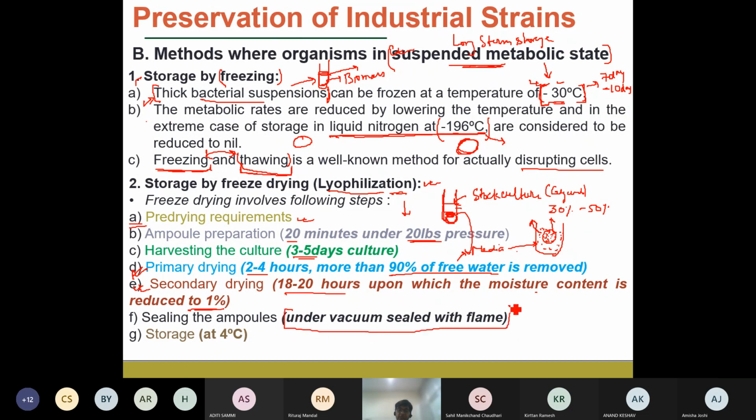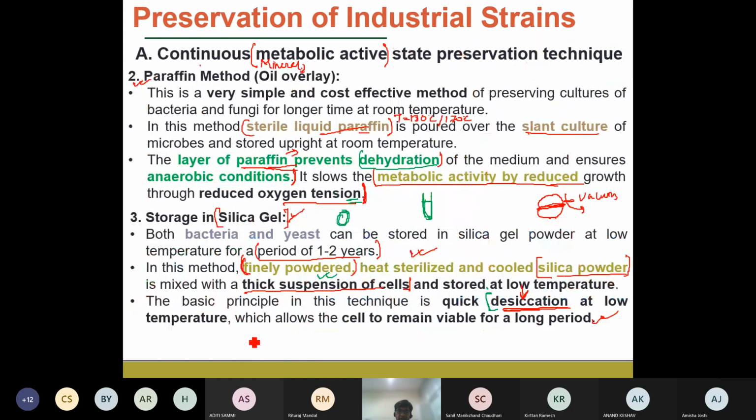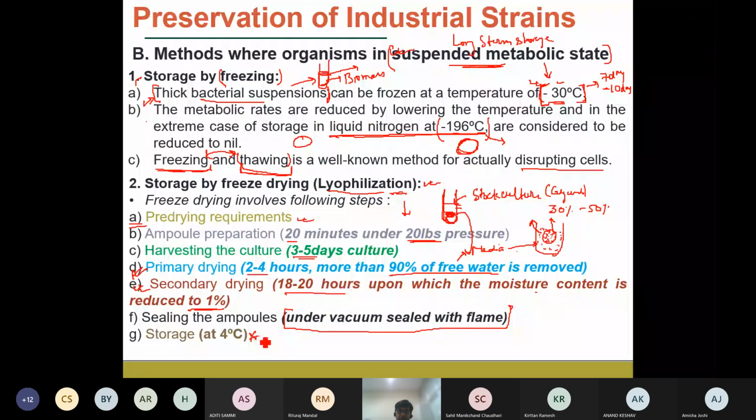So why is the flame required? The flame is required to prevent any sort of contamination when you are working with that. Then these ampules are stored in a cool room at a temperature of 4 degrees, like in normal home refrigerators. So we can store it at 4 degrees Celsius for a longer period of time.